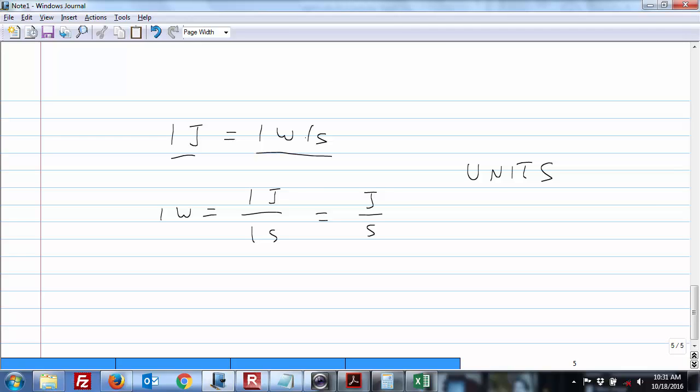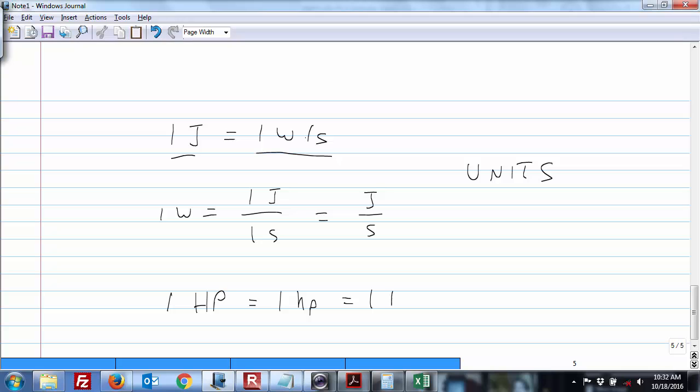746. How many? I think it's 746. 746? I think so. I think 747? 747. 745.7. 745.7, so 746. Okay, so 1 horsepower equals 1 horsepower, meaning you can write it either way.